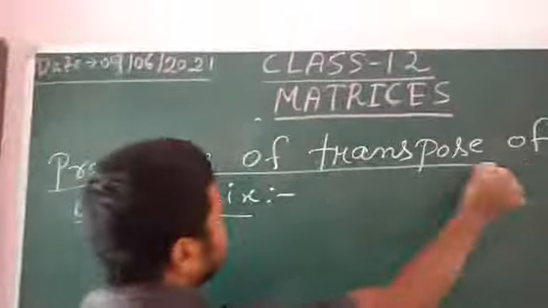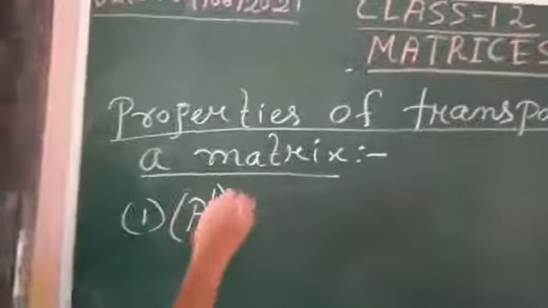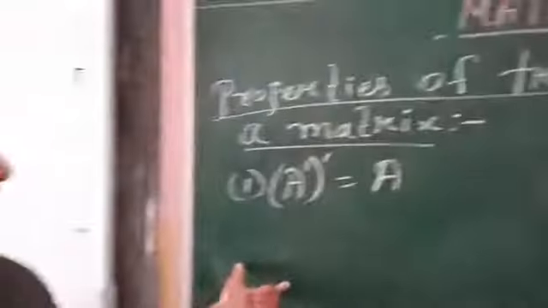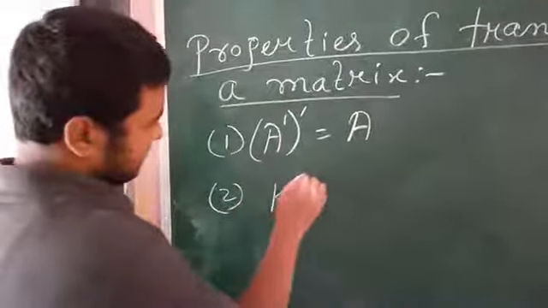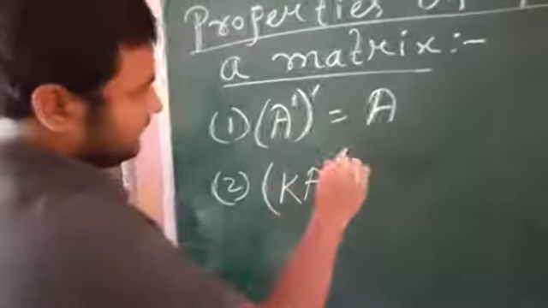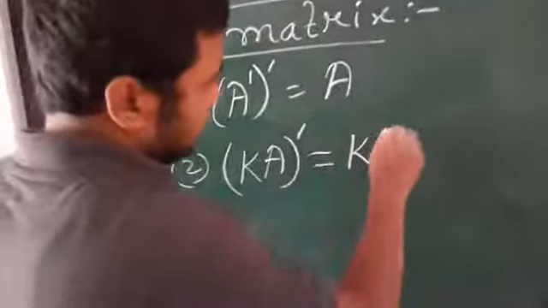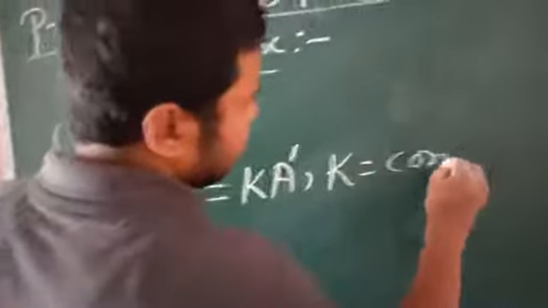So we'll discuss some properties. First property is A transpose transpose is always A. So already I have proved that one. Second, K A transpose, where K is a constant.